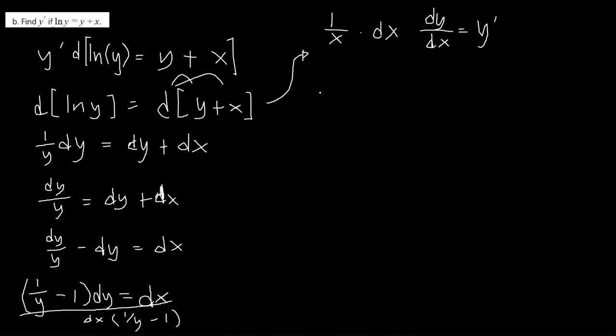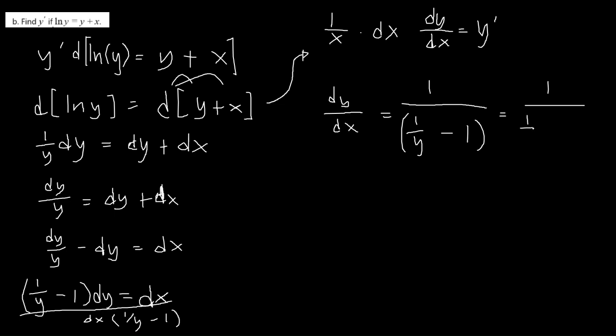So I can turn this into dy over dx equals 1 over (1 over y minus 1). Take note of that. When you're doing this, this is usually a fraction. When you're simplifying, this can become 1 over 1 over y minus 1 over 1.